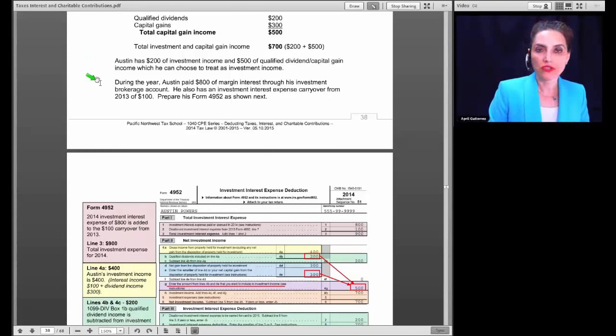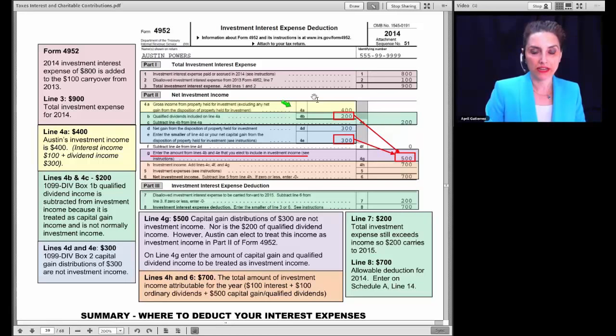We then go over to line 4A, and it says enter the gross income from property held for investment. And that would be the total of Box 1 of Form 1099 INT plus Box 1A of Form 1099 DIV. You add those two numbers together, and you get $400. The next step says, well, how much of the investment income shown on line 4A is for qualified dividends? And the answer is $200, so we pull that amount out.